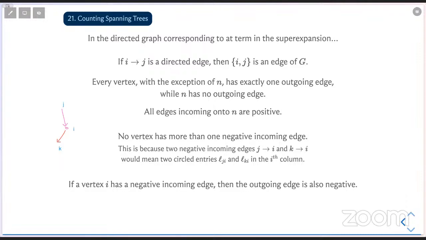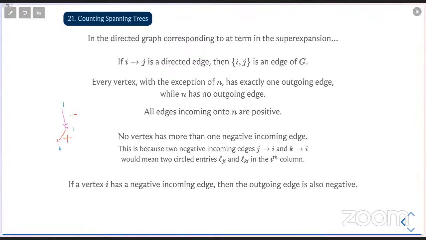Right, just annotate that. I think you're saying this is positive, right? Yeah. So right, I'm saying, what if this is positive and this is negative. Correct, thank you. I want to say that if we had a negative incoming edge, then the outgoing edge cannot be positive. There is only one outgoing edge, so if it's negative, it can't be positive.